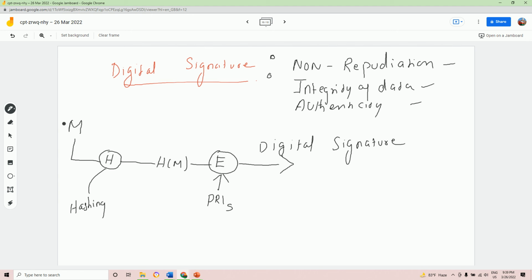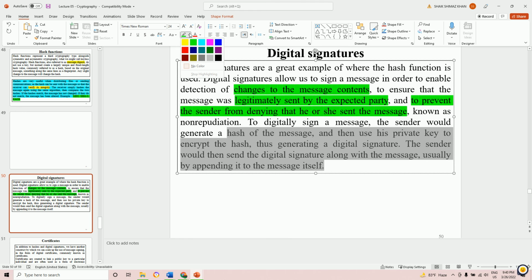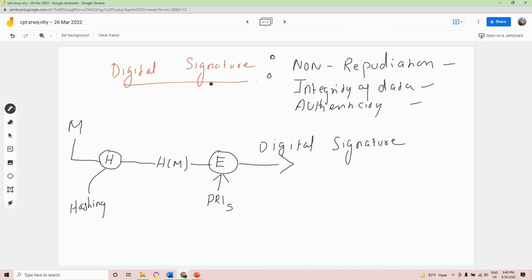Students, if you cannot explain in English properly, you can use this diagram. Message, hash the message, then encrypt it using the private key of the sender. The output you get is the digital signature. That is what is explained in this area. I have shown it with a diagram. Clear?